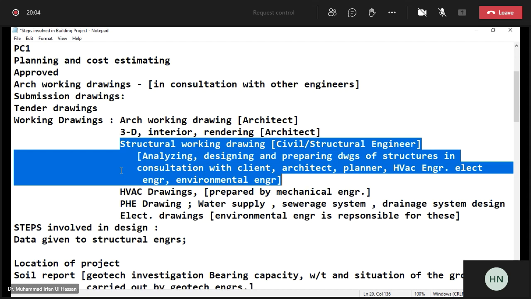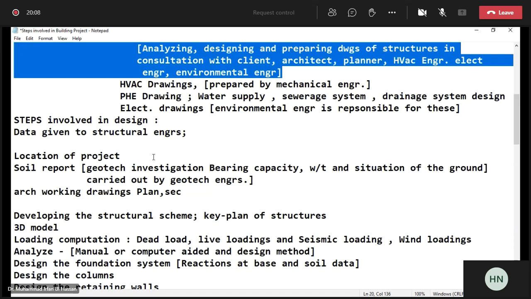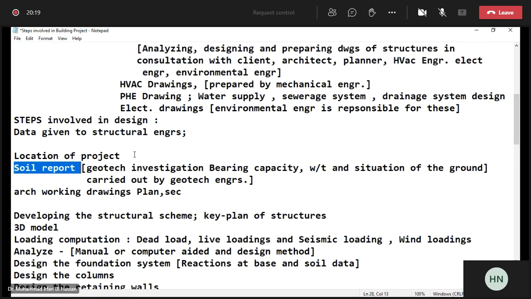Then the steps involved in the design, what are the parts which engineers are doing? Definitely which data is given to the engineers. Data that is given to you is only the location of the project and the soil report. Normally the building type is also explained.